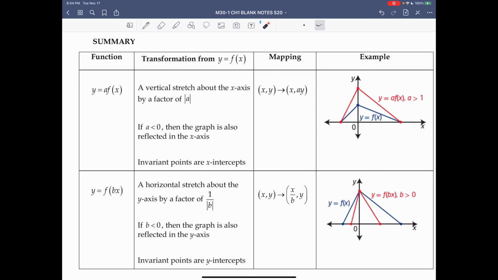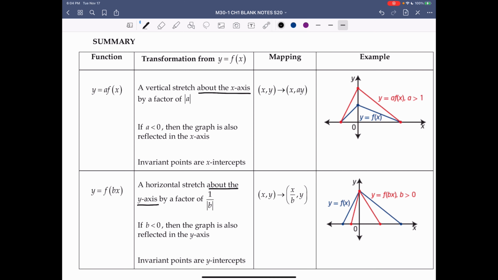When you are stating that something has a stretch, you have to make sure that you state which axis it's being stretched over. So a vertical stretch about the x-axis by a factor of absolute value of a, and a horizontal stretch about the y-axis by a factor of 1 over absolute value b.